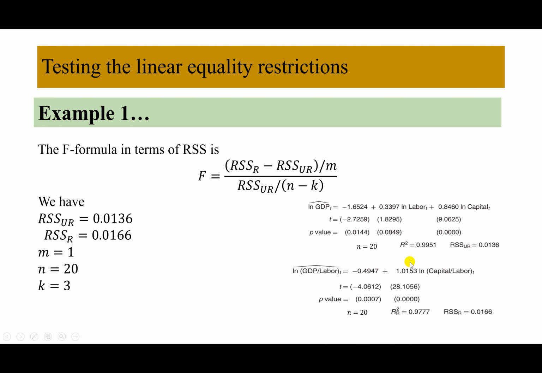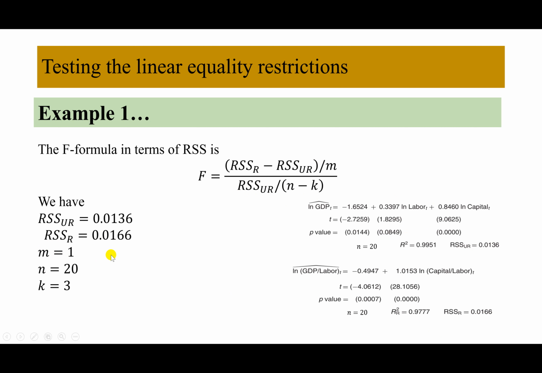So we have these two results. From these results we can obtain the RSS values, M, N and K. So we have RSS UR equal to 0.0136, RSS R equal to 0.0166, M equal to 1. M is the number of restrictions.